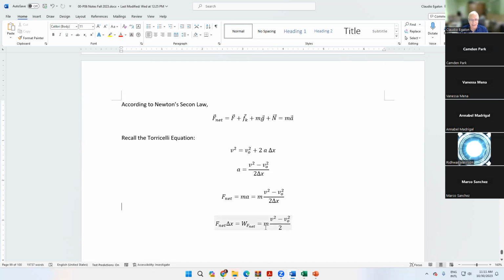And let's see what's the importance of this relationship. Okay, I'm going to break it down: one half m v squared minus one half m v naught squared.